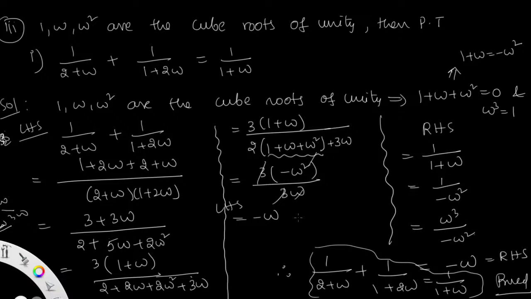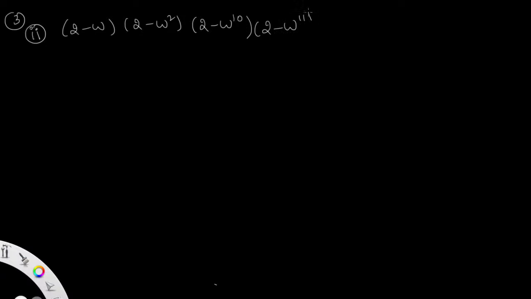Next, similarly, question number 2 in this bit only. So the remaining third bit, second question: 2 minus omega into 2 minus omega square into 2 minus omega power 10 into 2 minus omega power 11, this value becomes 49.